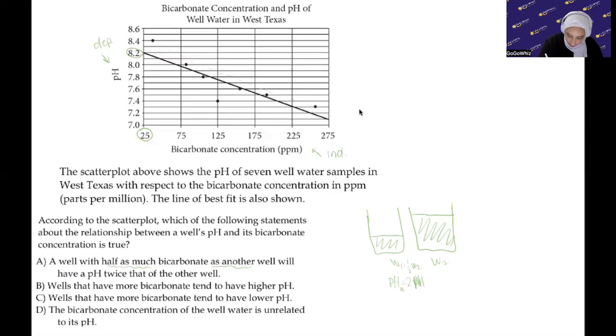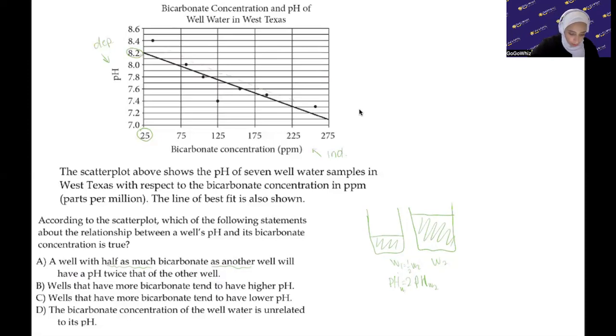Sorry about that, that's kind of messy, let's write it a bit neater. So even though the bicarbonate concentration is half, the pH will double. Let's see if that's true.